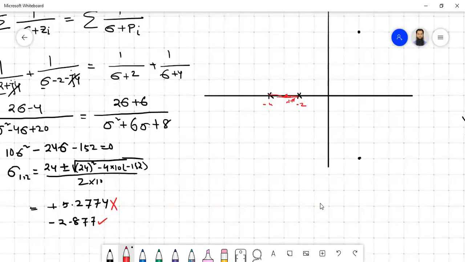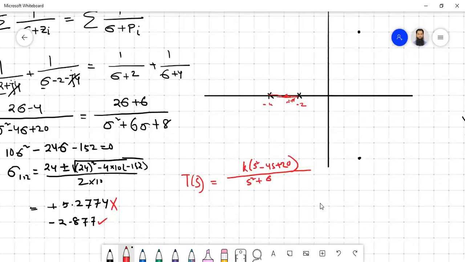Now the next thing is to figure out the j omega axis crossing. For that, we have to figure out the closed loop transfer function. The open loop transfer function KG of s H of s is already there: K into s square minus 4s plus 20, divided by s square plus 6s plus 8.